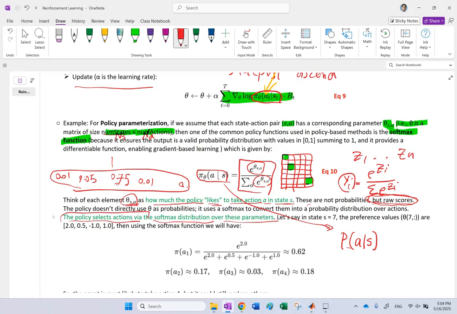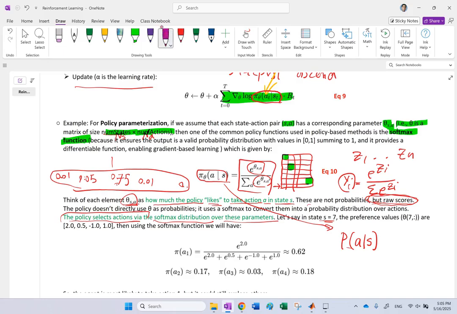Now, to give you an idea just with numbers, let's say, for instance, you are in a specific state, state number 7. And at this state, you have 4 values for the thetas. So you came down here to state 7, and you have 4 actions: moving up, down, left, and right.